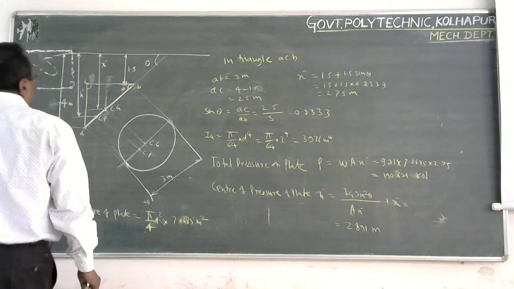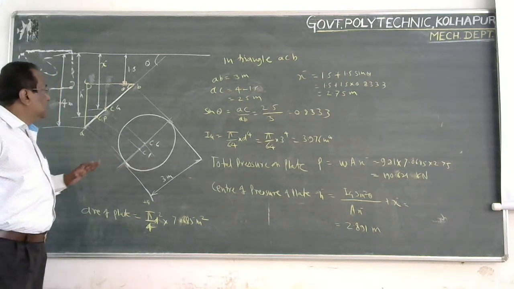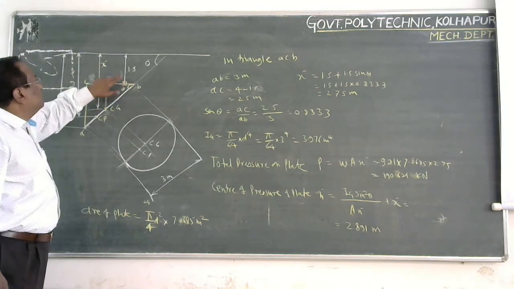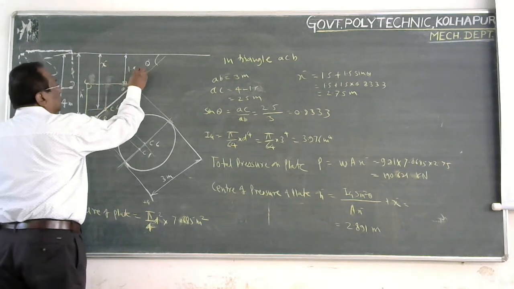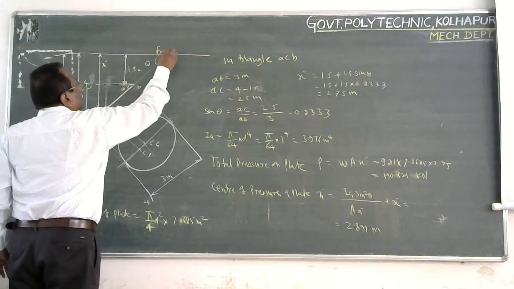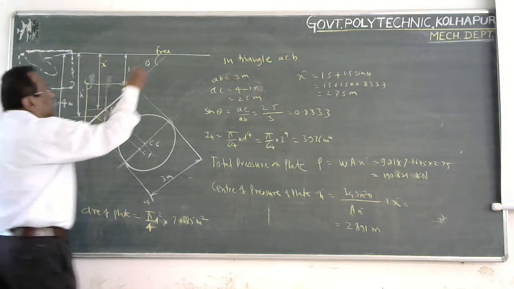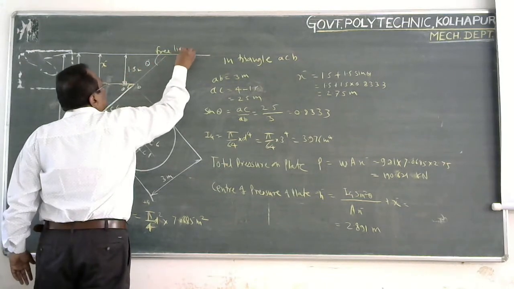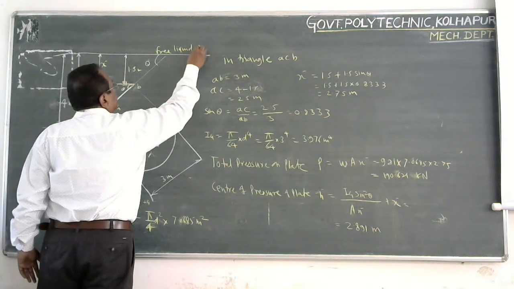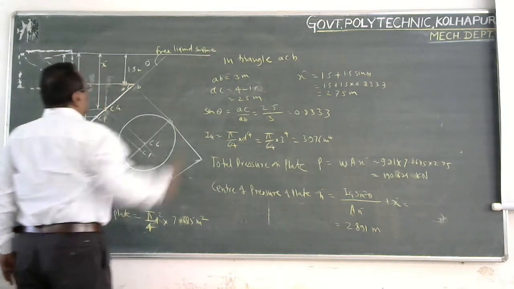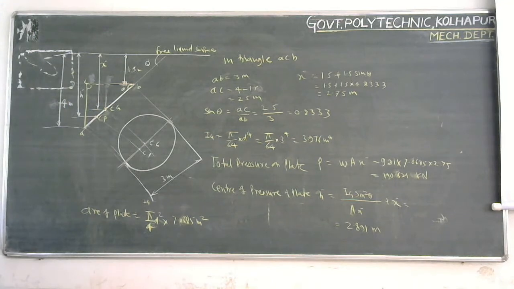Here a circular plate of diameter 3 meter is immersed in water such that its upper edge is 1.5 meters from the free liquid surface and its lower edge is 4 meters from the free liquid surface. Diameter is 3 meters. So you have to calculate the total pressure and center of pressure.